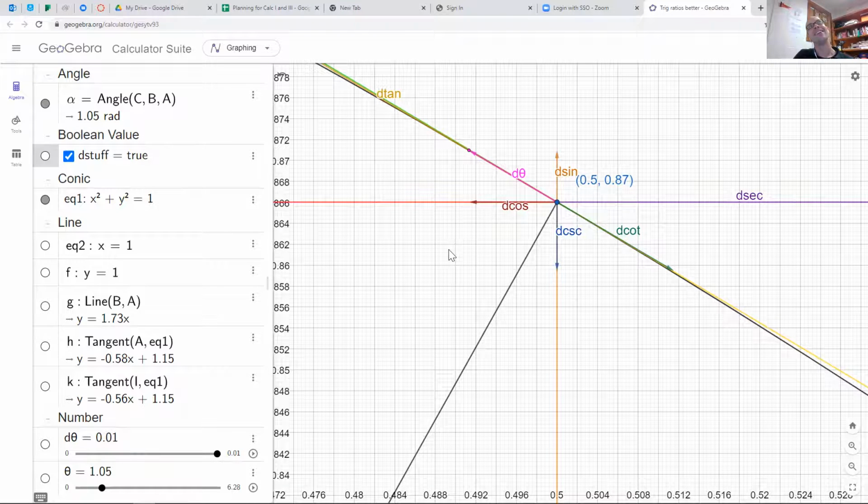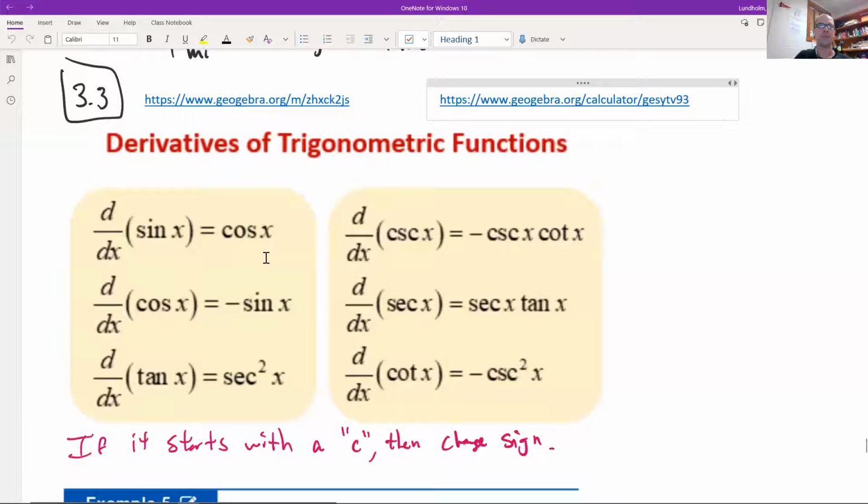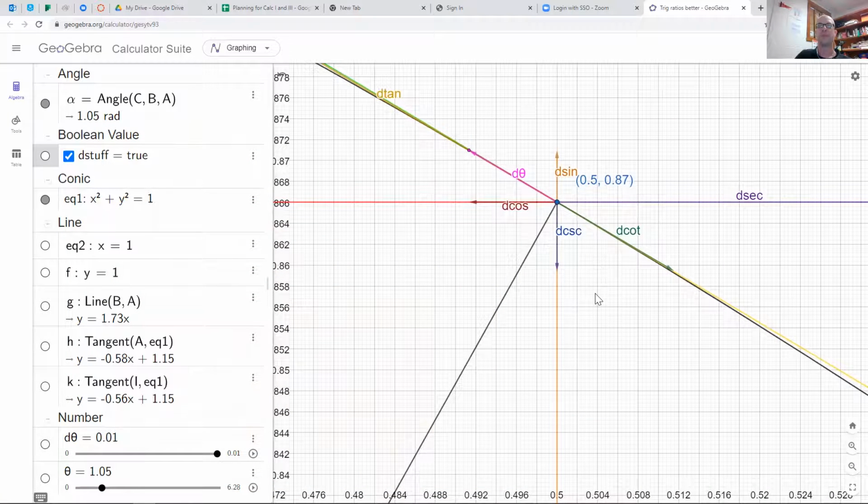And in a way, that's one way to make sense of why we see the derivative of the cosine having an opposite sign when this happens.